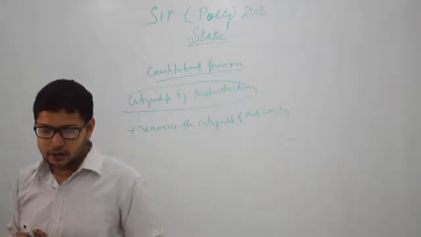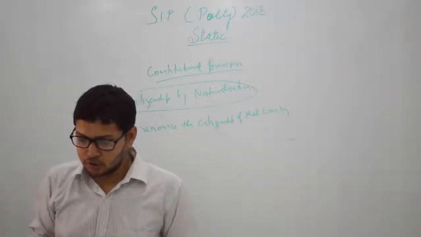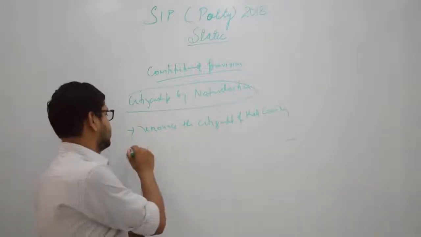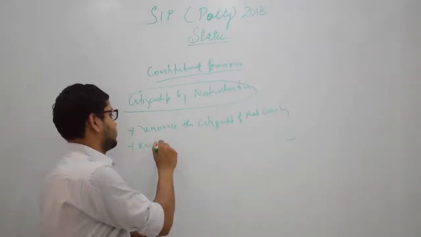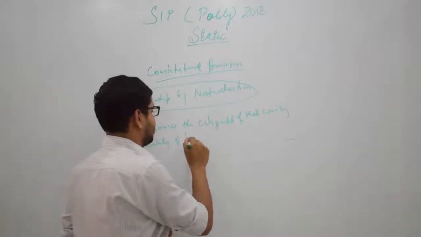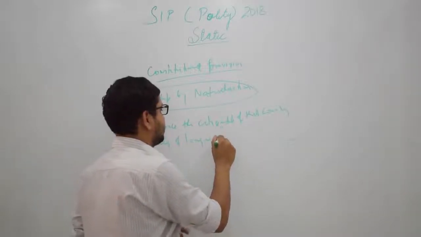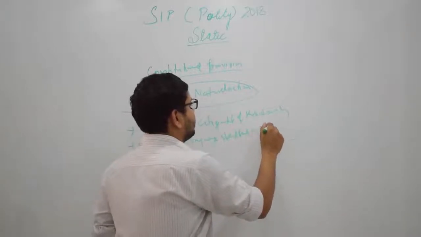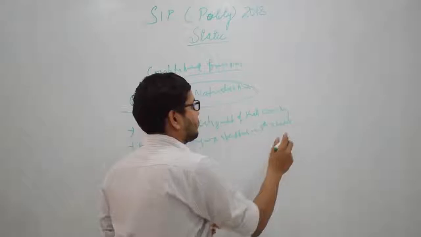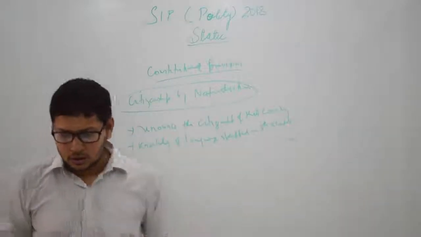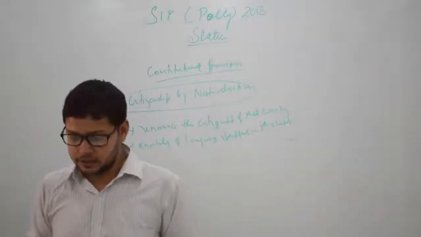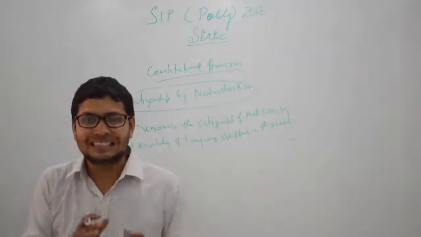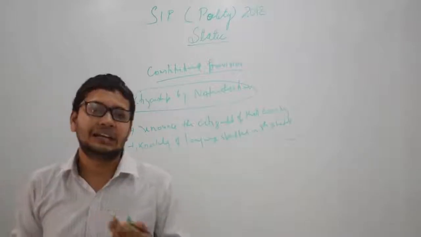Thirdly, he should have knowledge of a language specified in the 8th schedule. Fourthly, in the last 14 years, he should have been staying in India, and of those 14 years, at least 11 years he should have been staying in India.